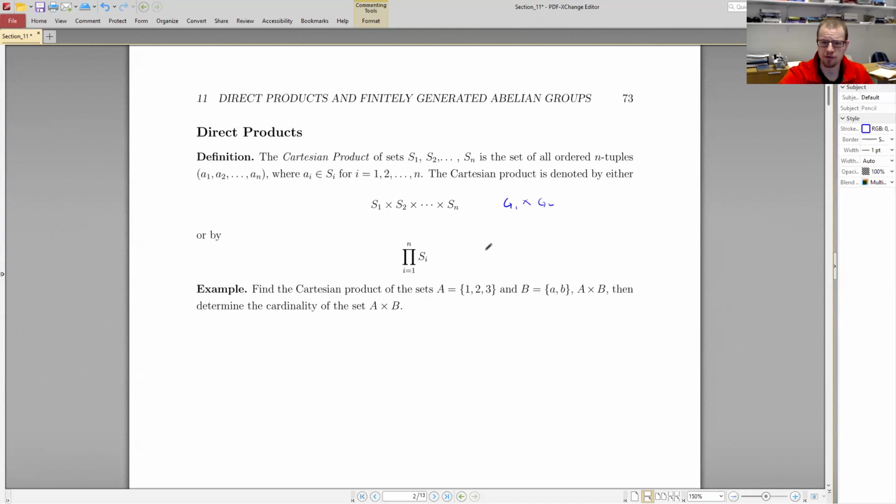So for example, this notation you might not be familiar with. It's not used in many texts. But if I were to say something like i equals 1, 2, 3 of, let's just call it i squared, this would actually be 1 squared times 2 squared times 3 squared.